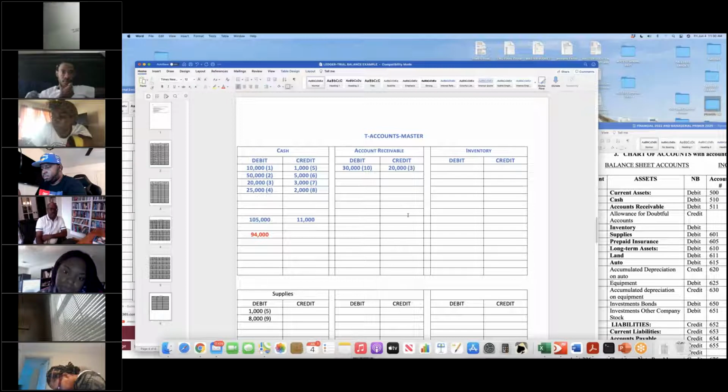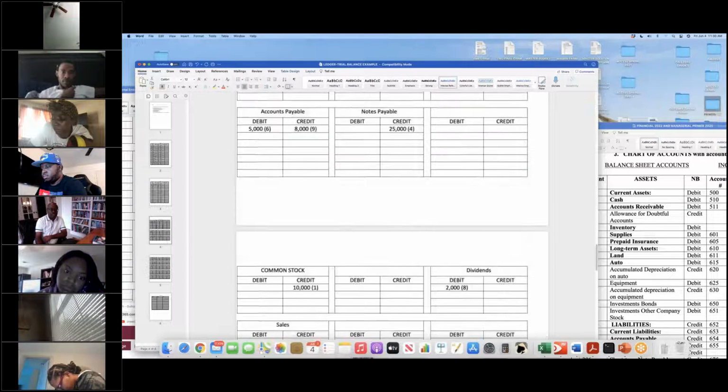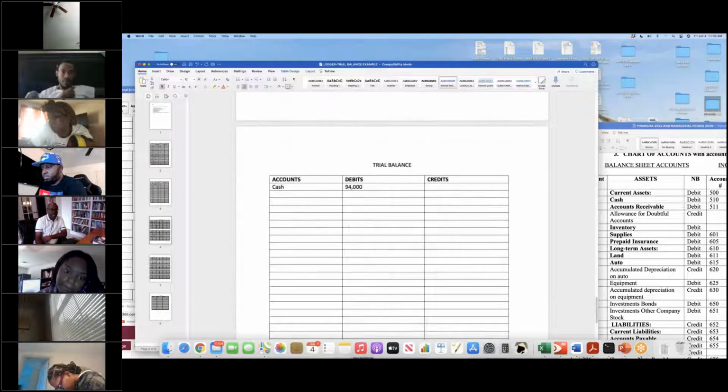And so its balance is what? 10, on the debit side. We always come to the side of the larger. Now we can put the 10,000 in here as the balance in accounts receivable.